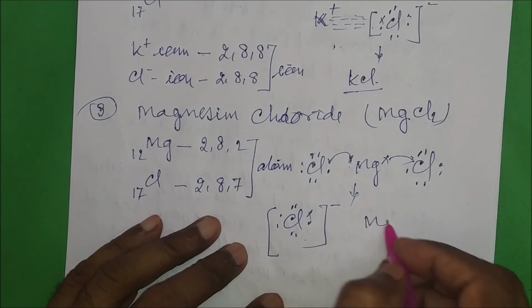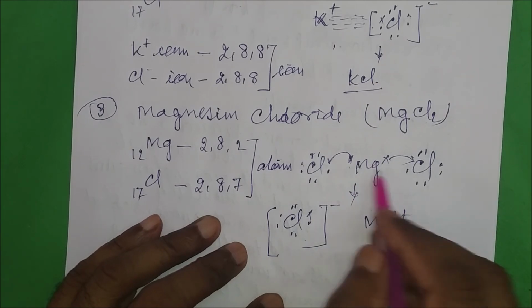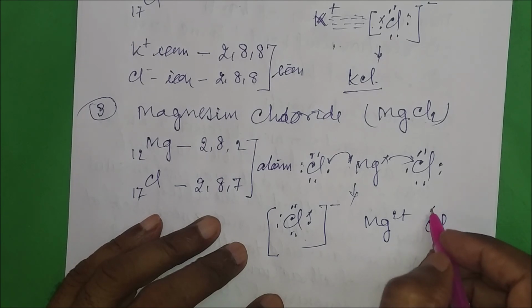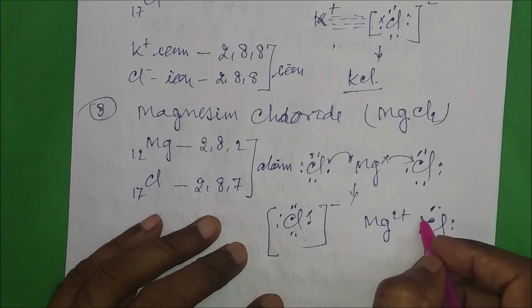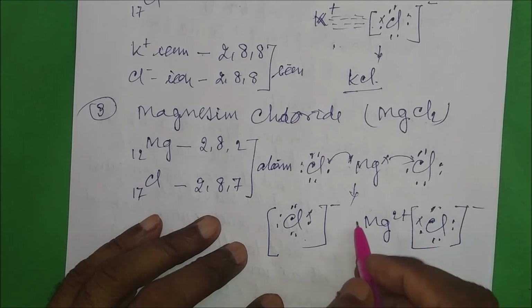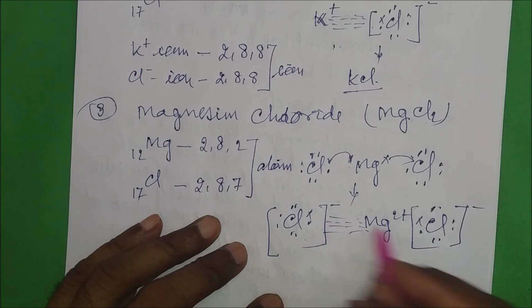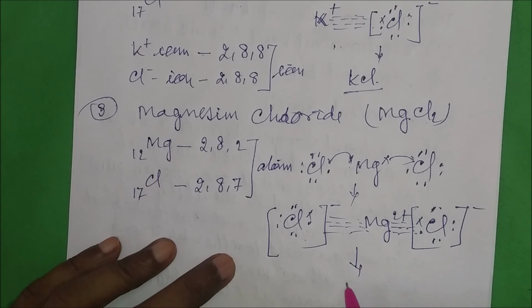And here Mg is 2 plus, because 2 electrons have been transferred to the chlorine. Here also chlorine gains one electron, so again it will be negative. Is it clear? So it has been transferred in that way. So this becomes MgCl2, right?